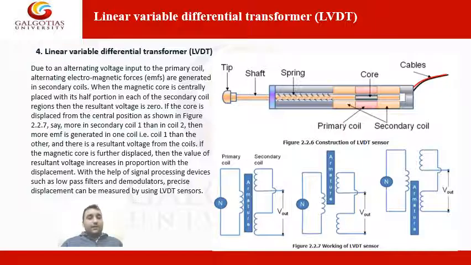If the magnetic core is further displaced, then the value of the resultant voltage increases in proportion with the displacement, and with the help of signal processing devices such as low pass filters and demodulators, precise displacement can be measured by using LVDT sensors.